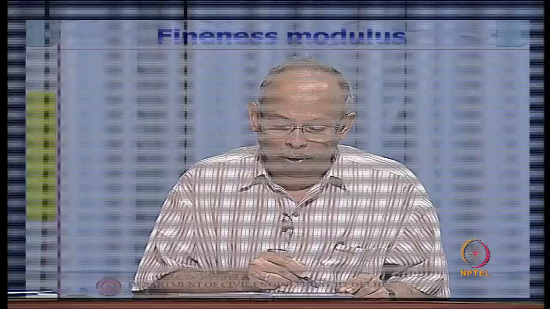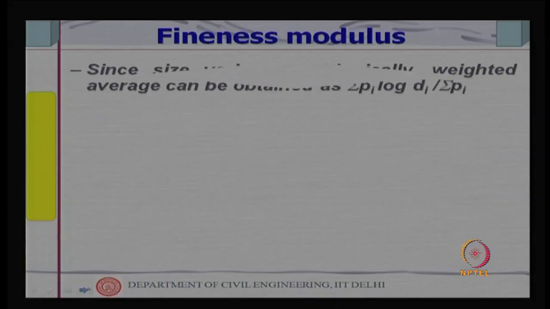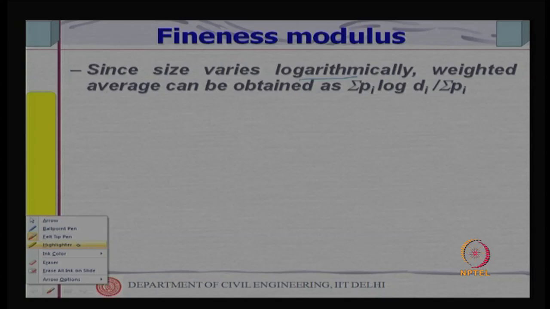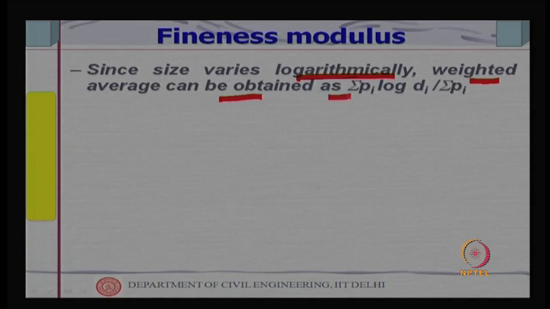So, fineness modulus. Since size varies logarithmically, a weighted average can be obtained as p_i log d_i.